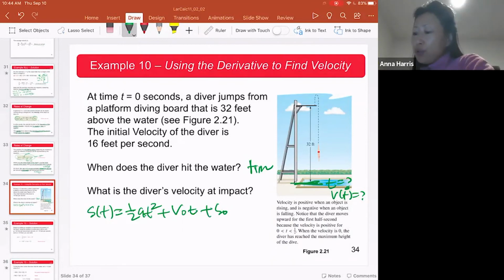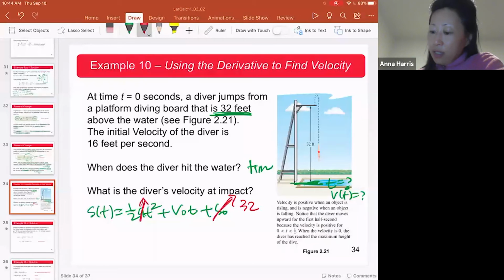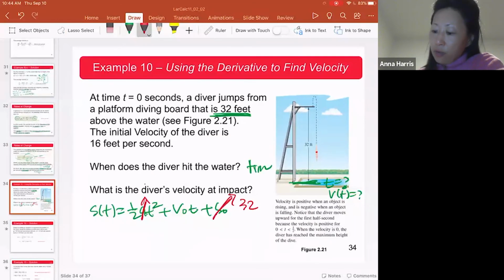So they told you the unit they're using is what? 32 feet, they didn't give you meters per second. So I know right away I can change this into 32. So I can just change that into also 1/2 times 32 t squared.